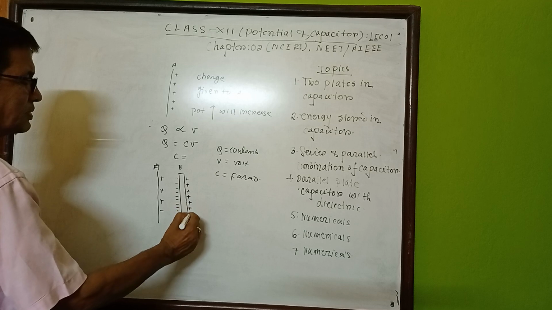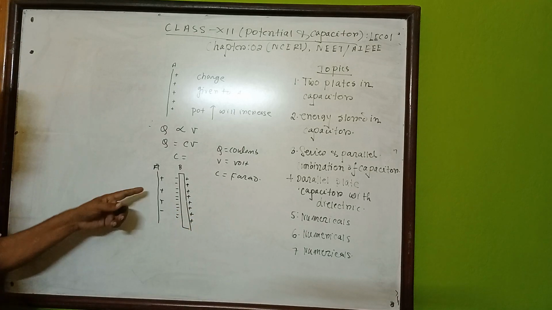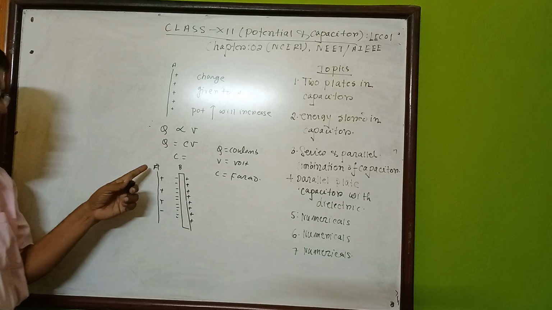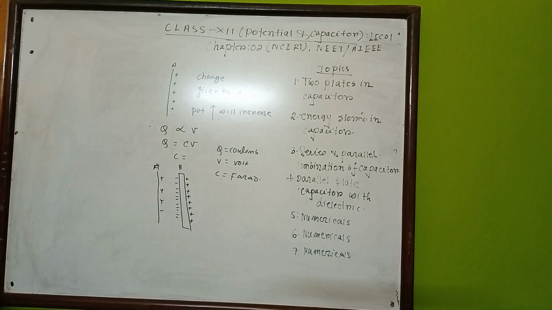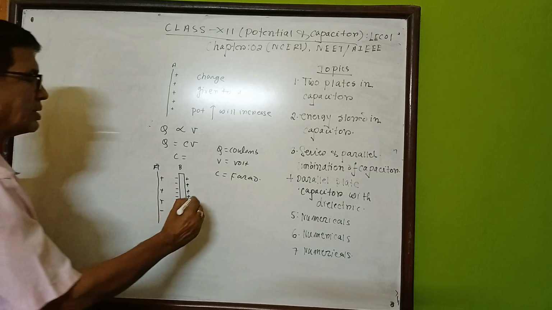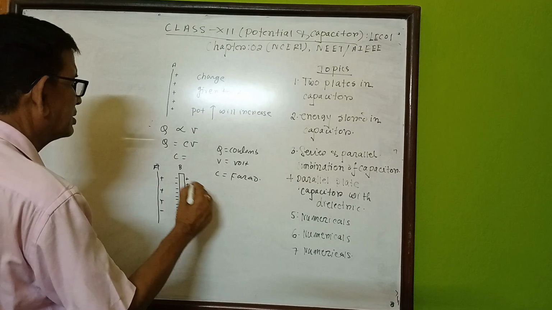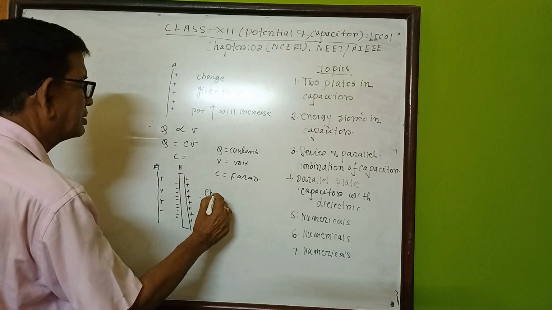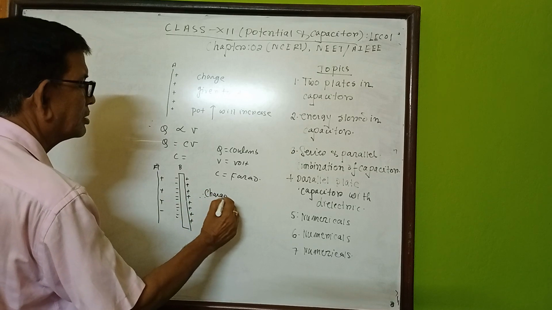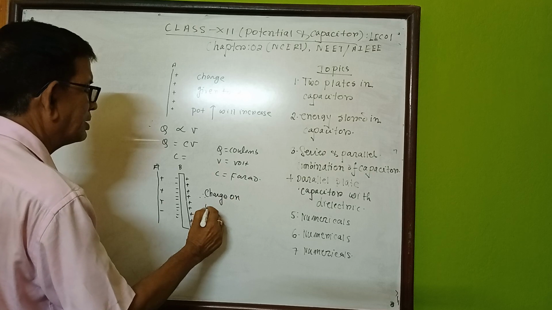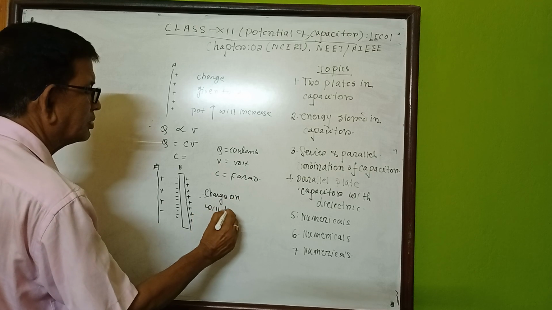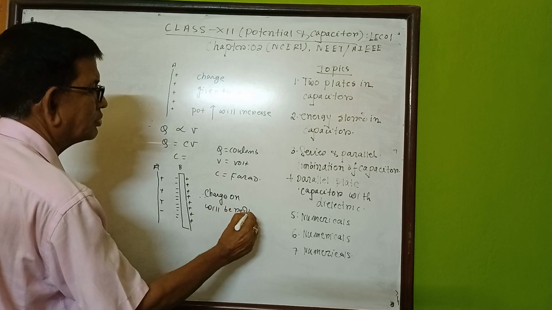Since the closer surface is negative, the total charge on A will indirectly be reduced due to the presence of B.